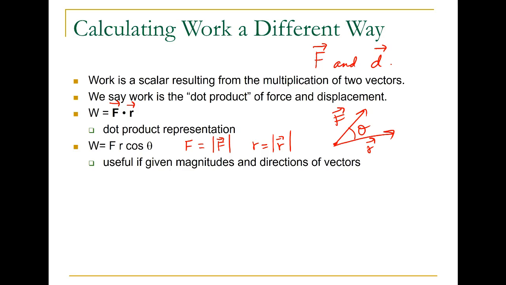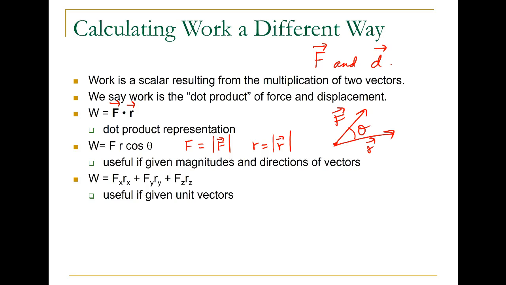The final way that we can calculate work, if we know components, is we simply apply the definition of dot product by multiplying the x components and then adding the product of the y components and then the z components. And this is good if we're given force and displacement as unit vectors.